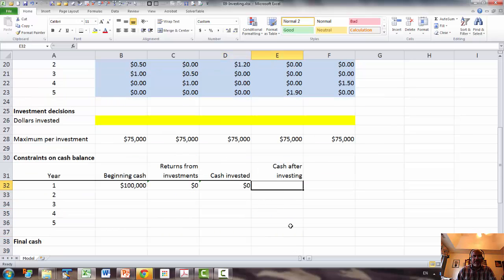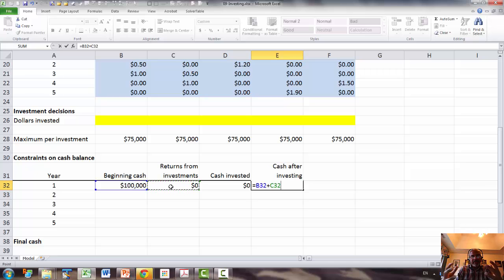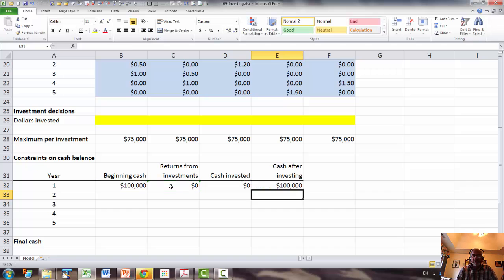Now cash after investing will be the beginning cash plus the cash that will be coming in, return on investment, minus the cash that is going out, and that will give us the cash left over for that year.